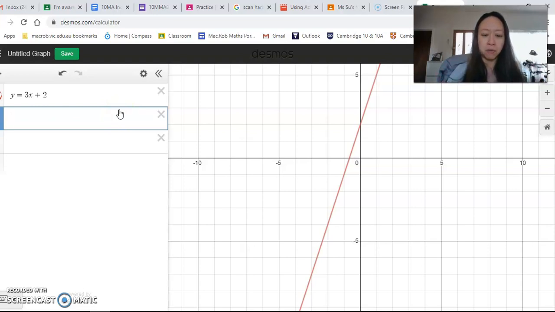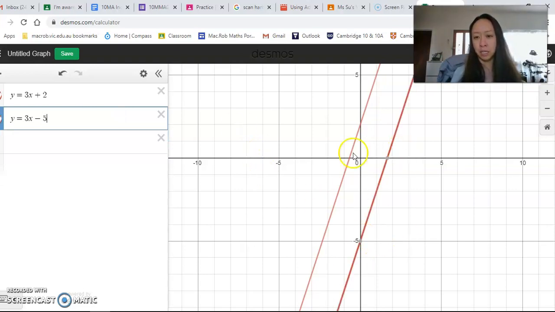So let's say if I have y equals to 3x take away 5. Yeah. So can you see that I actually got another line? They are parallel, and it's just that -5 here means that the intercept will be -5, and 2 here means that the intercept will be +2.